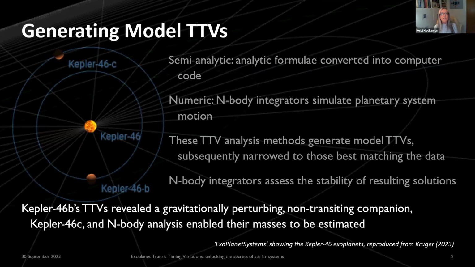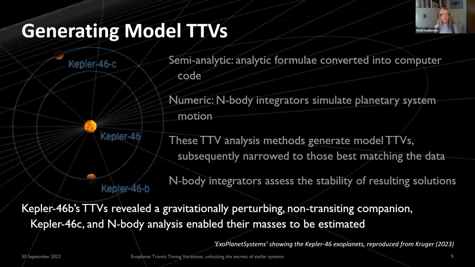N-body integration was then used to simulate a 2-planet scenario and generate model TTVs that were narrowed down using a nested sampling algorithm. And the result was tested via another N-body integration that was run over approximately 100 megayears. From this, it was estimated that Kepler-46b is roughly the mass of Jupiter and Kepler-46c about half that.